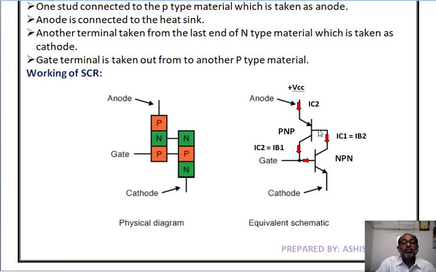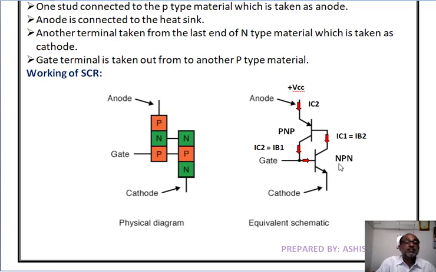The collector of each transistor is connected to the base of the other transistor. Here this is the NPN, transistor number 1, and here the PNP, transistor number 2. So the collector of transistor 1 is connected to the base of transistor 2, and the collector of the second transistor is connected to the base of transistor 1, the NPN transistor.